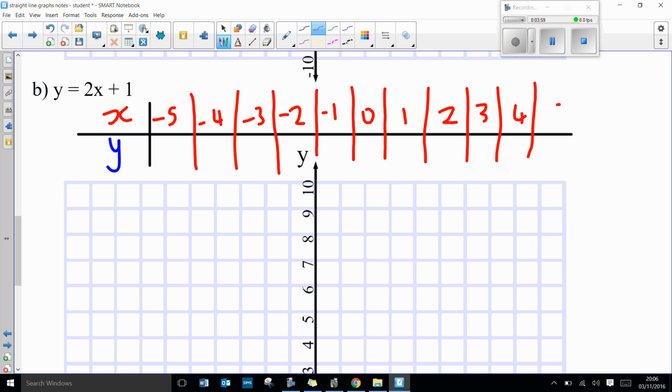So there's our table. In this case, the rule is 2x plus 1. So when my value of x is -5, my value of y would be 2 times -5 plus 1. 2 times -5 is -10, plus 1 is -9.